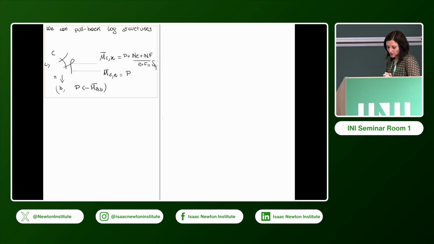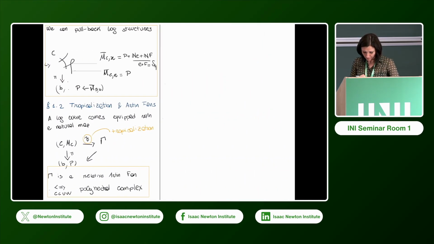And so now, one advantage of using log structure is that it can give us some combinatorial structure we can work with. So given a logarithmic curve, we can associate a combinatorial object, usually called a tropical curve. But I want to think about tropicalization in a maybe not fully conventional way, so I'm going to tell you what I mean by tropicalization in this setting.